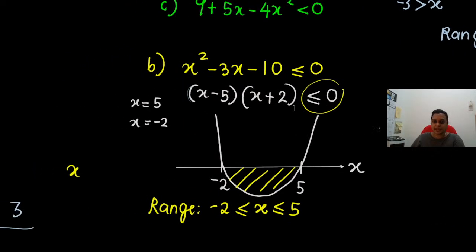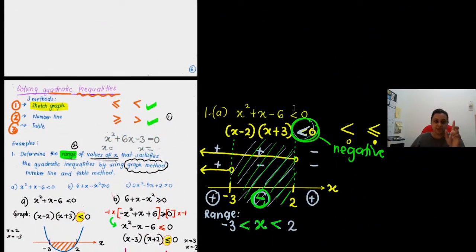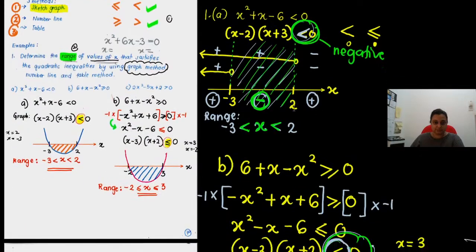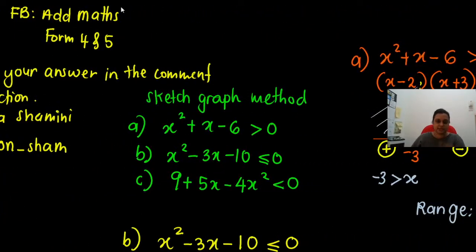Okay, I'm going to go back to the original question. We're going to do the same questions again, but we're going to use table. Let me use more empty space here. Okay, going to do the same question. I'm going to start with 1a.